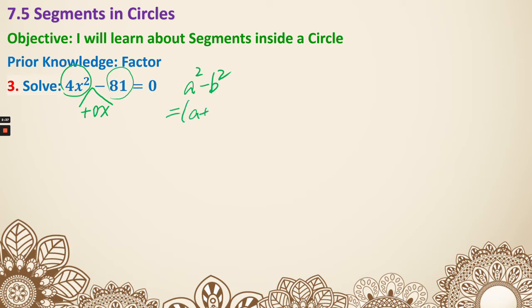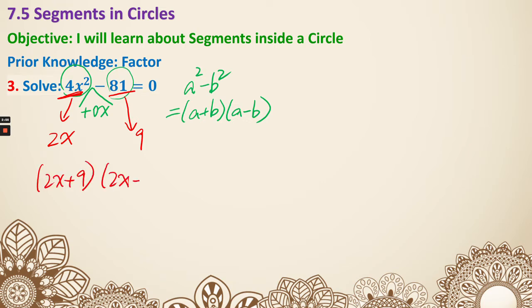That comes to a plus b times a minus b. The a is the square root of 4x squared, which is 2x, and the b is the square root of 81, which is 9. So I'll put them in two separate parentheses: 2x plus 9, and 2x minus 9, equals 0.